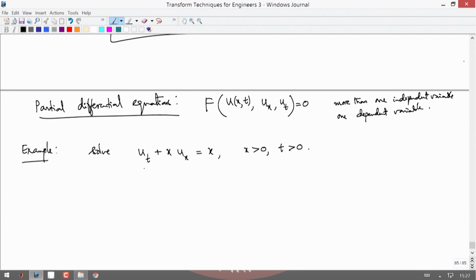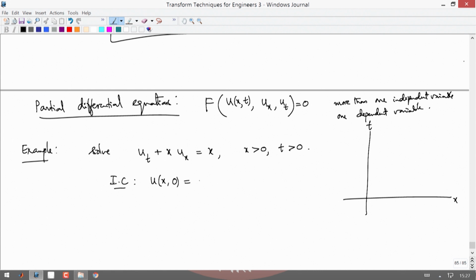Now, what is given? So, you should have initial conditions. If you look at this as your domain, x and t, t is your time variable. The initial condition is at t equal to 0, because it is only one derivative, you should provide u at x, t equal to 0.